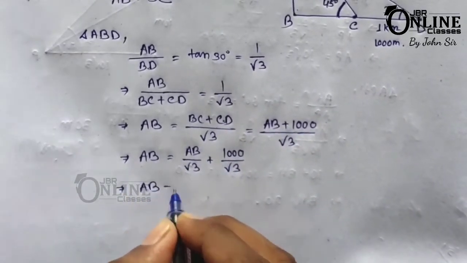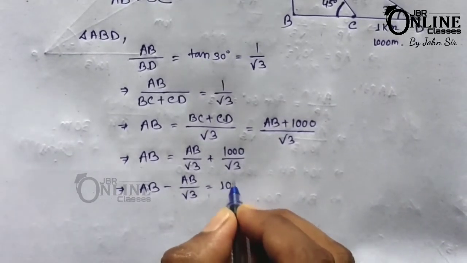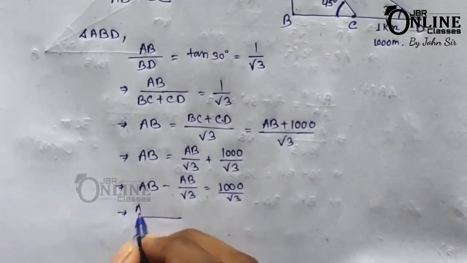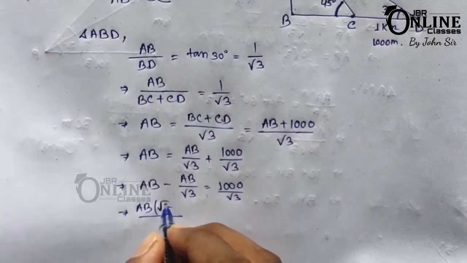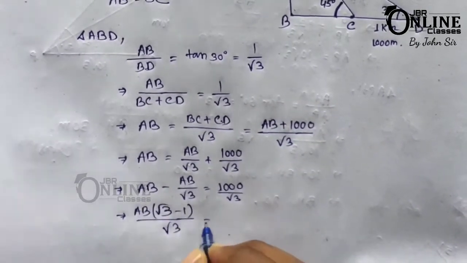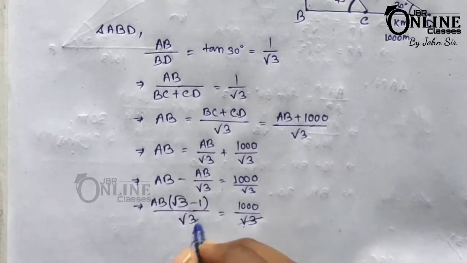So AB minus AB by root 3 equals 1000 by root 3. So finally, AB into (root 3 minus 1) by root 3 equals 1000 by root 3. Now root 3 will be cancelled out.